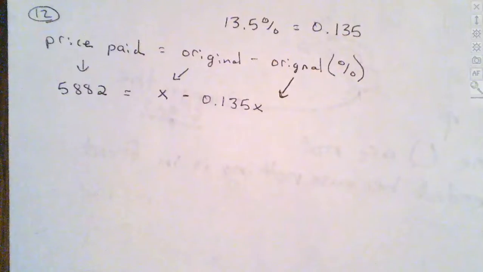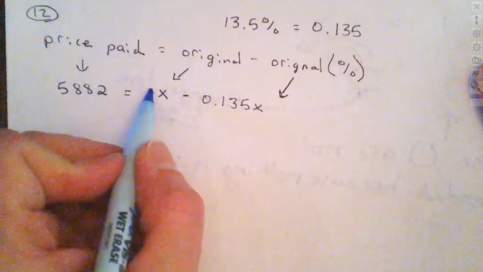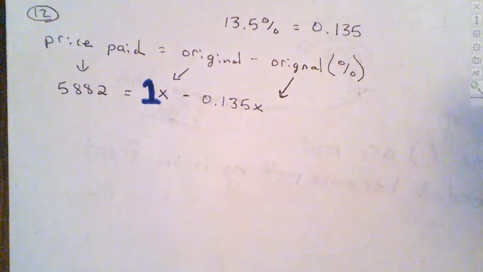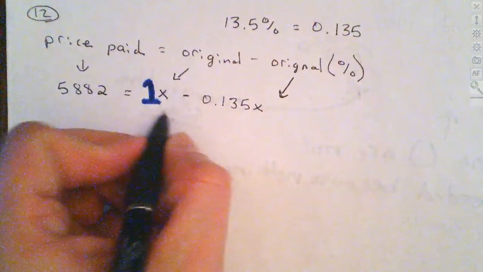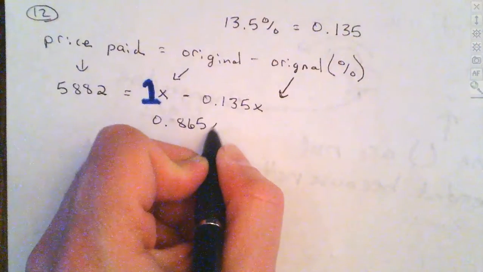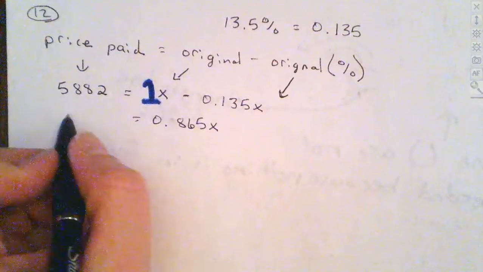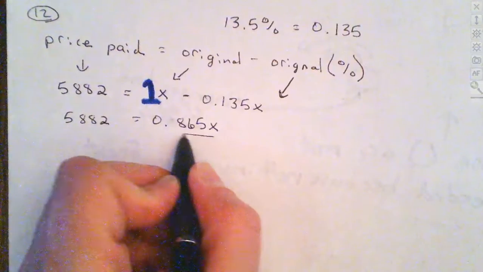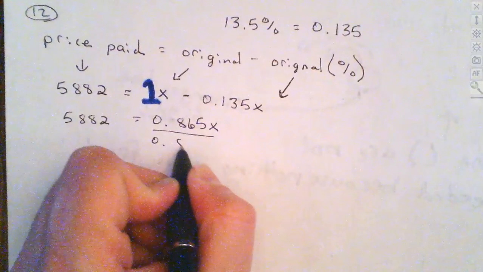All right. Well, let's go ahead and work this one out, just because there's not much to this one. I'm going to put a 1 here, because I know sometimes students get confused with the decimal. And we're going to go ahead and subtract. So we've got 1 minus 0.135. And that came out to be 0.865. And don't forget your X there. That equals 5,882. We'll divide now by our decimal.